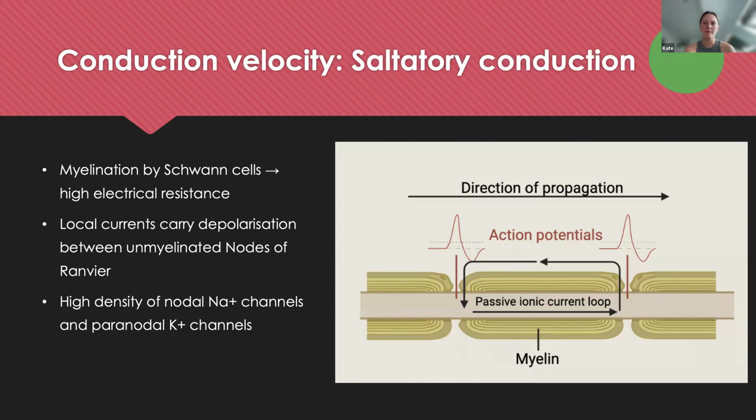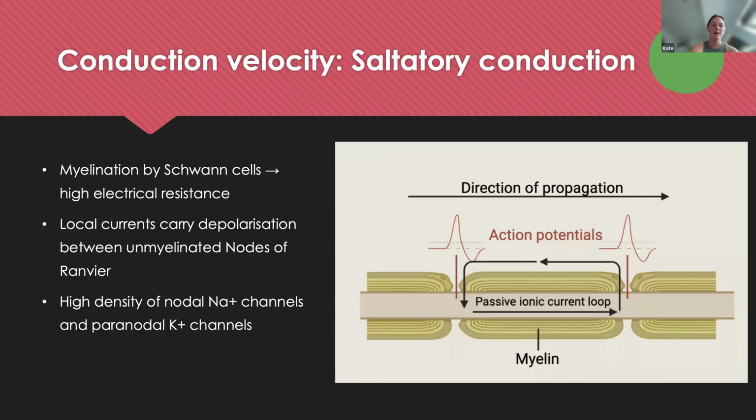Propagation of action potentials along a neuron is reliant on these local currents that I mentioned earlier, and it's also reliant on saltatory conduction, which is when the conduction jumps between areas of non-myelinated parts of the neuron.